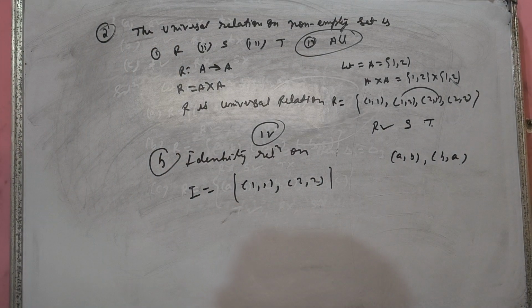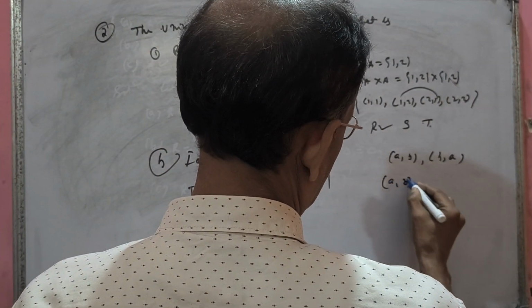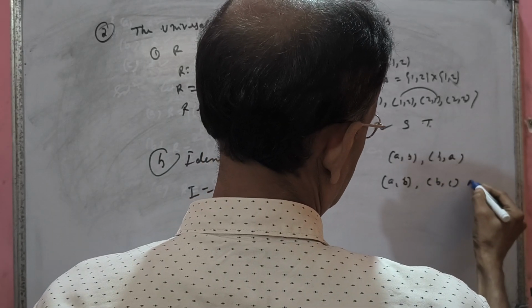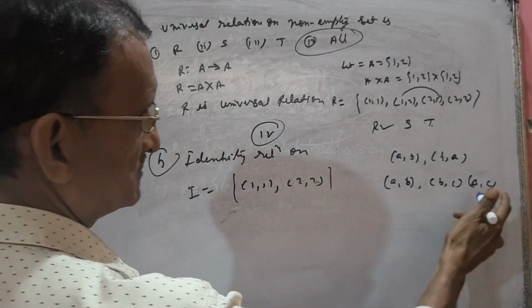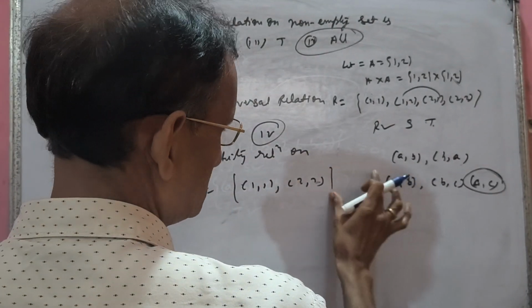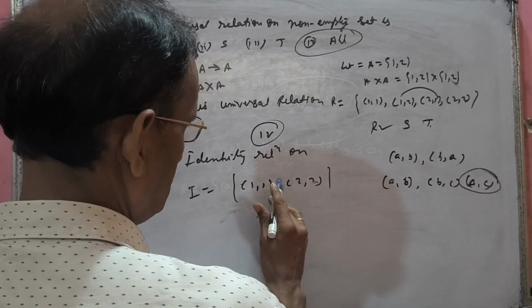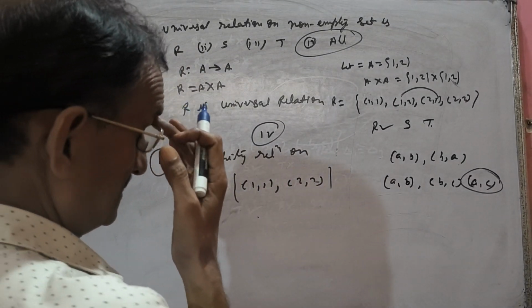Is it transitive? What is the case of transitive? If (A, B) belongs to R and (B, C) belongs to R, then (A, C) should belong to R. If (A, B) is not here and (B, C) is not there, why search for (A, C)? So if this condition is not available, it will be automatically transitive. It will be symmetric, reflexive, because (1, 1) will be there.